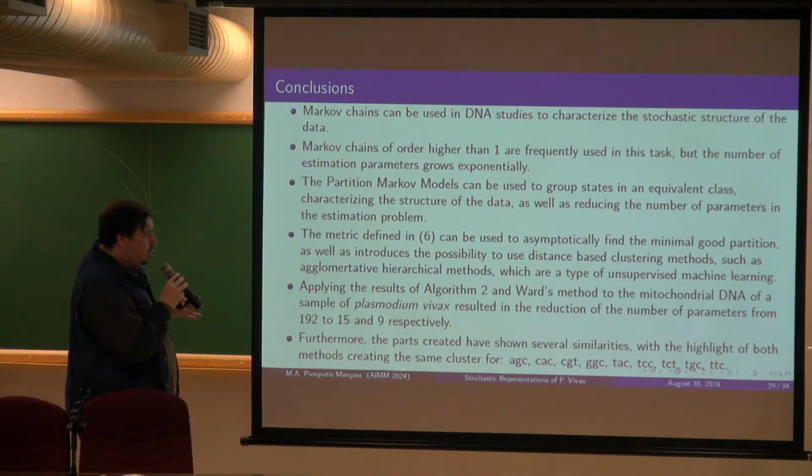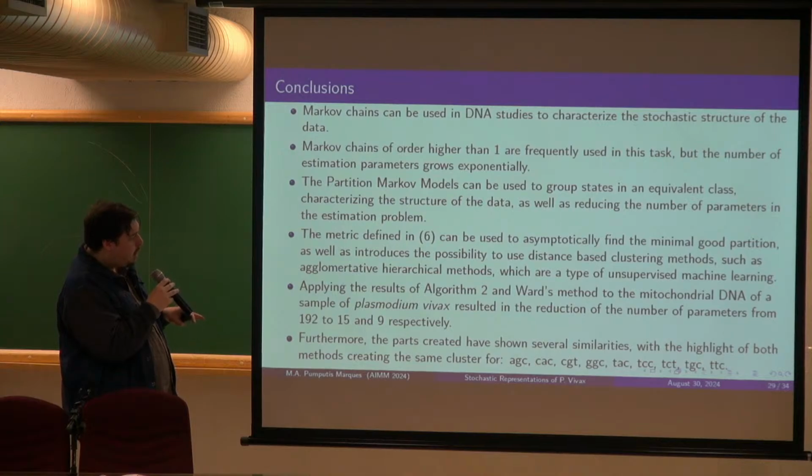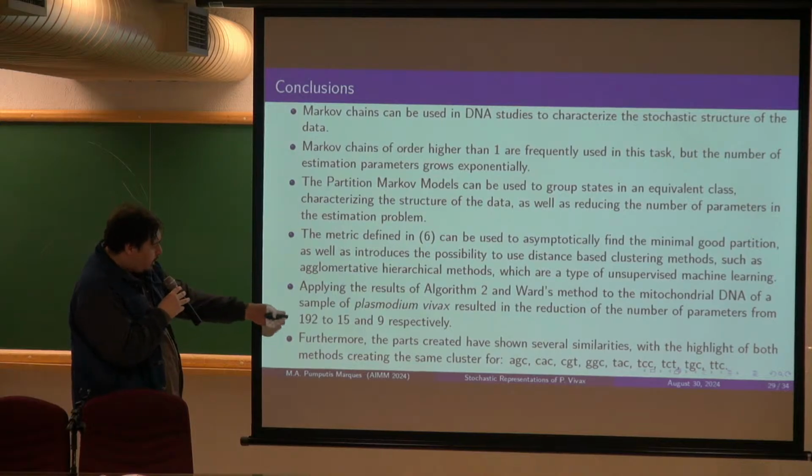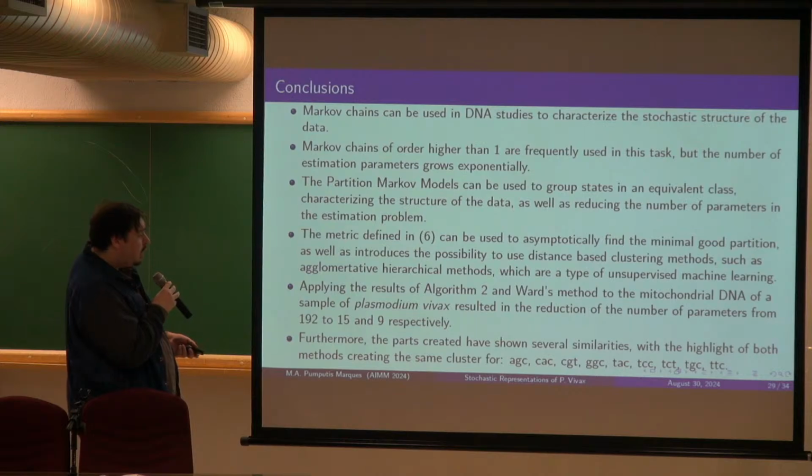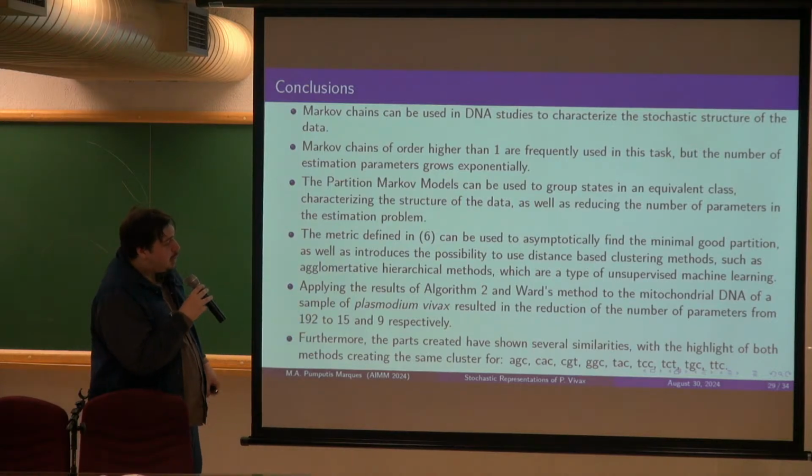Applying the results of algorithm 2 and Ward's method to mitochondrial DNA of a sample of Plasmodium Vivax, we could reduce the number of estimating parameters from 192 to 15 and 9 respectively, and we have shown several similarities among groups of nucleotides, right? So, for example, this last sequence, which is the cluster that was generated by both methods, right?